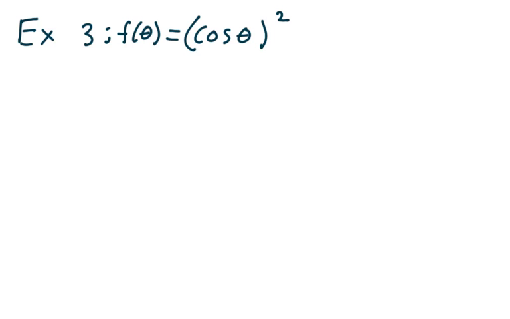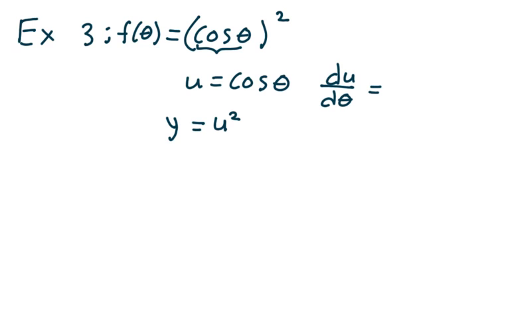So it's a function of theta. The inside function is u, so we're going to let u be cosine of theta. And that says that y is equal to u squared. But du/d theta is negative sine theta. And dy/du is equal to 2u. Okay?